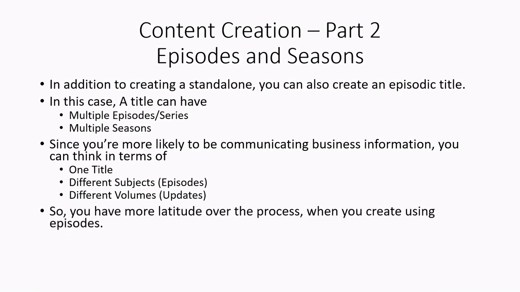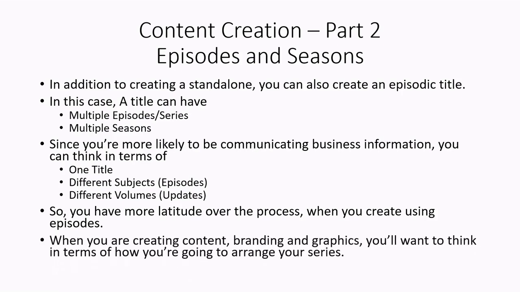So what you have here when you're using the episodes and seasons is more latitude over the process. Now, when you're creating your content, you're branding your graphics, you want to think of this in terms of how you're going to actually arrange your series when you place it in Amazon Video Direct.